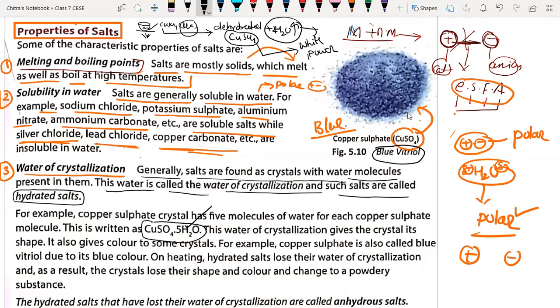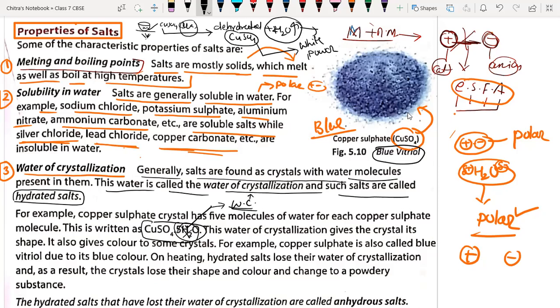If you heat that, the 5 water molecules will evaporate, and it is then called a dehydrated salt. The water molecules present in the crystalline structure of copper sulfate make it appear blue, so it is called blue vitriol. That water is called water of crystallization.